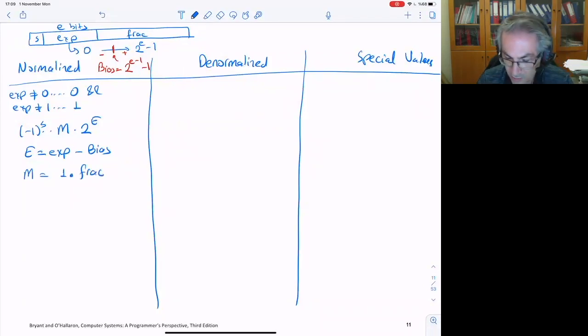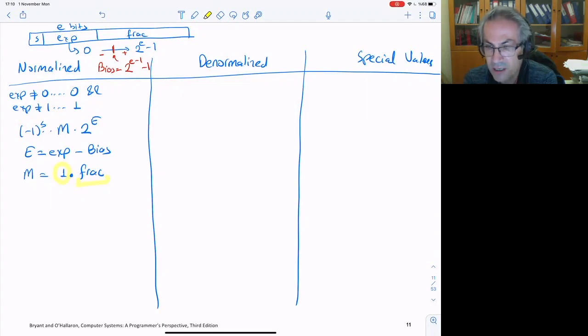What I mean is, I assume that there is an implicit 1 here, and whatever the fraction bits are, I use them after it. Why do I assume a 1 dot frac? Because it gives me 1 extra bit. Remember, in the decimal case, I had 6 dot something, because I don't want it to be 0 or 10, so it can be between 1 and 9.